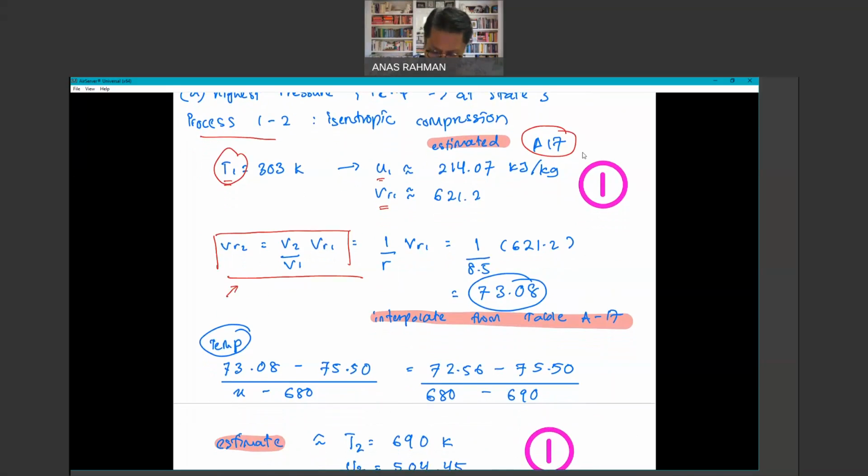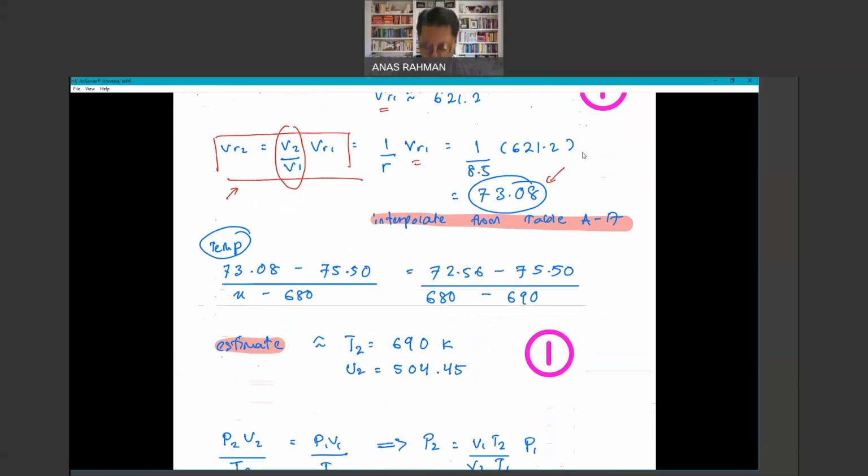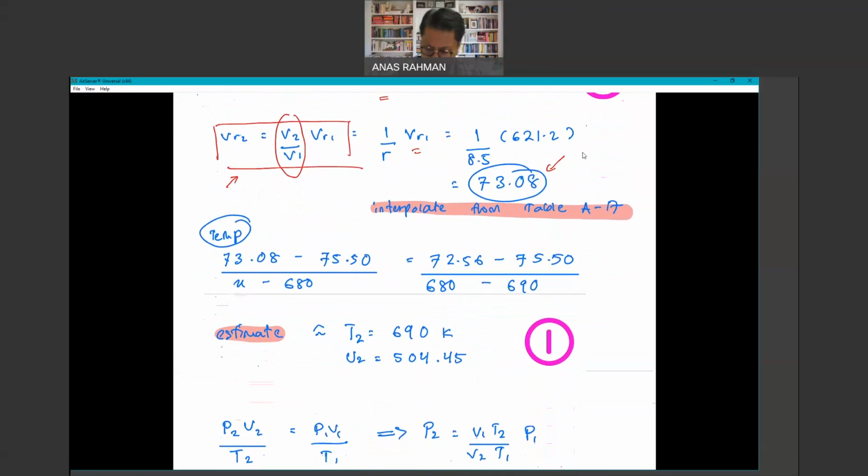If you look here, V2 over V1 is 1 over r, and we just found VR1 from the tables. Substituting the value, you get your VR2 of 73.08, roughly. From there, you can interpolate from table A17 to get T2, which is this corresponding value, 690 Kelvin.